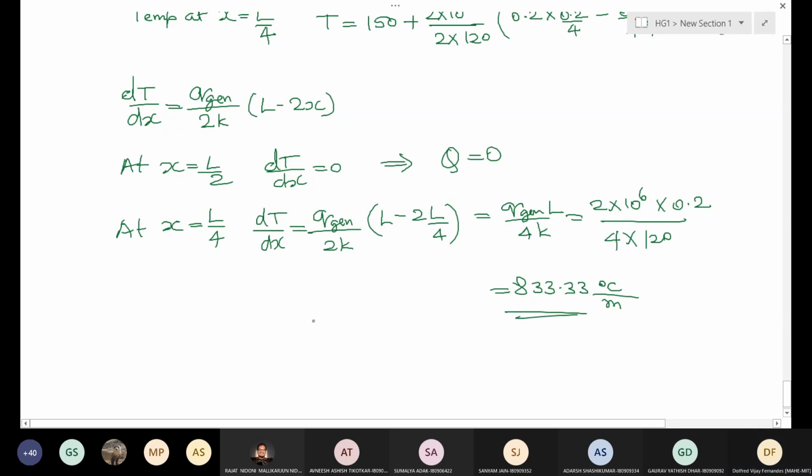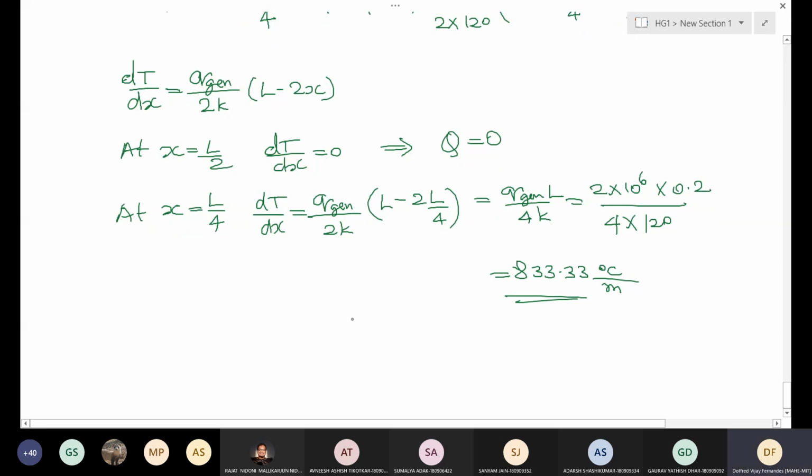Now we can calculate Q. Q at x equal to L by 2 is 0.